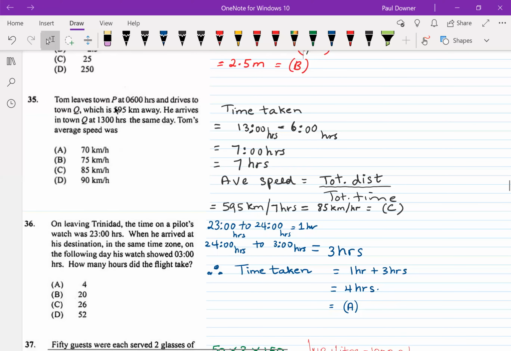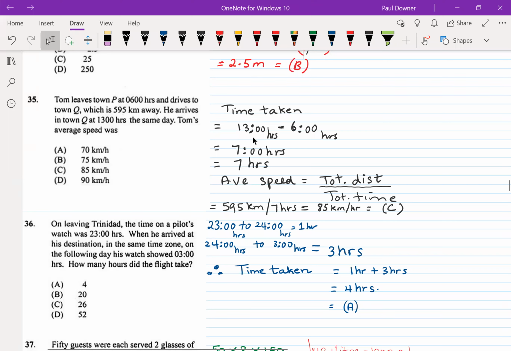Tom leaves town P at 0600 hours and drives to town Q, which is 595 kilometers away. He arrives in town Q at 1300 hours the same day. Tom's average speed was, okay? Now, 0600 hours to 1300 hours is really 7 hours, right?